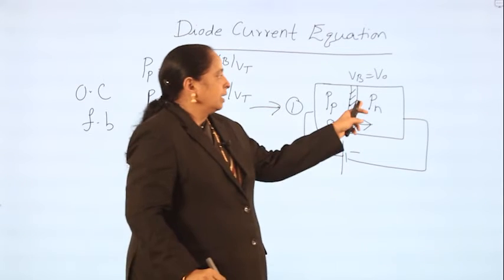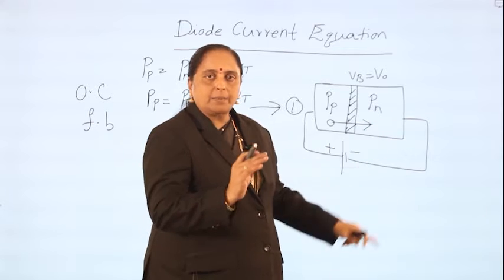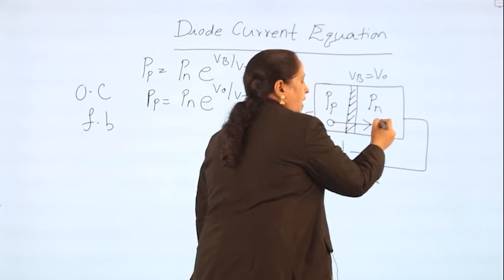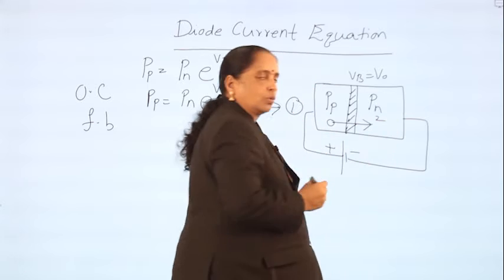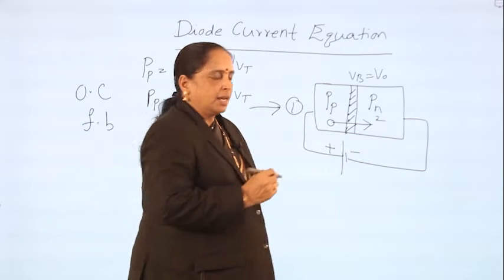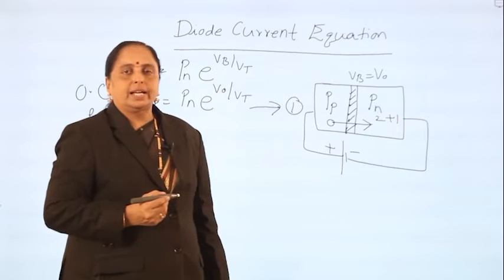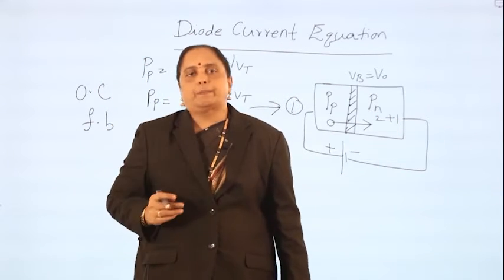So the hole density in the N region will become Pn plus delta Pn. Suppose the number of holes already there, which are minority carriers in the N region, is 2; this number will become 2 plus 1 because one more hole is entering. So, Pn plus delta Pn.